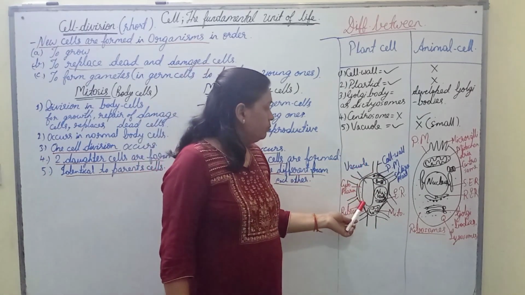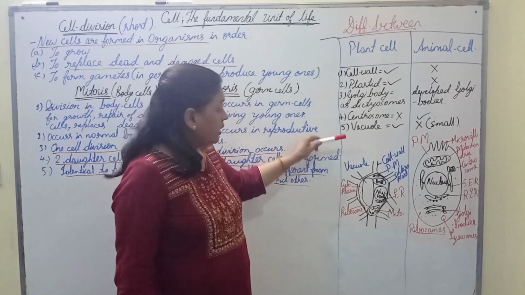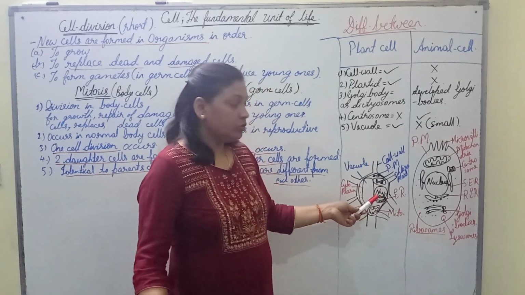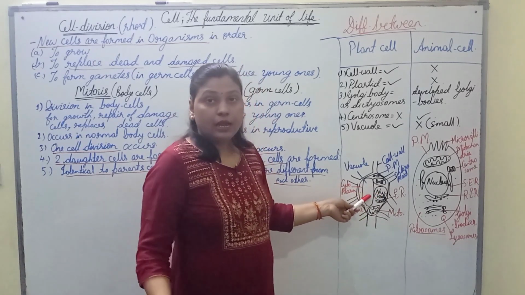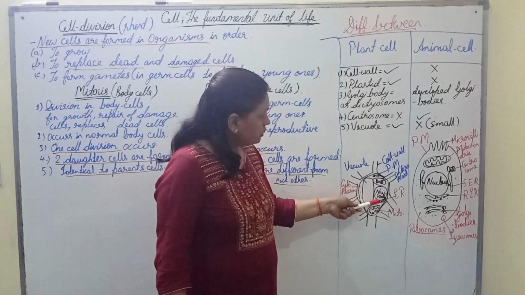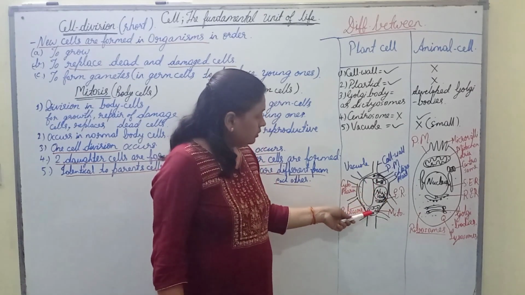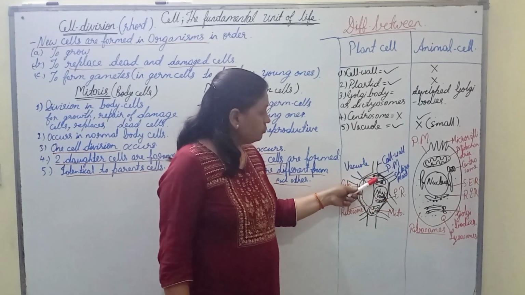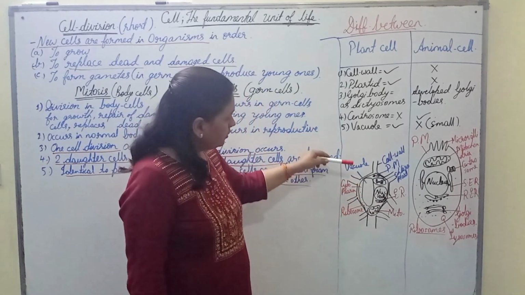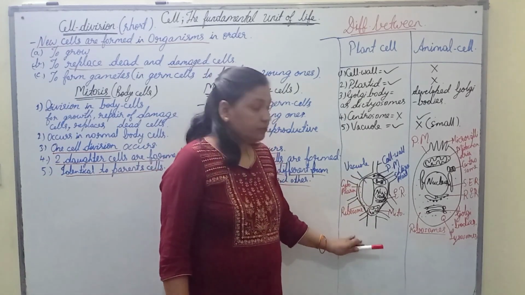Inside the fluid part, this is the large and prominent vacuole, and this is the nucleus that slightly moves towards the periphery because of the large and prominent vacuole. The nucleus is surrounded by endoplasmic reticulum. This is mitochondrion, this is chloroplast. These dot-like structures are called ribosomes. This is vacuole. So this is about the plant cell.